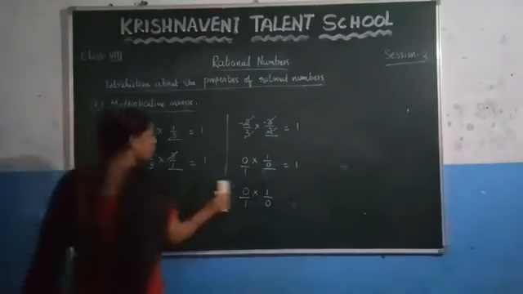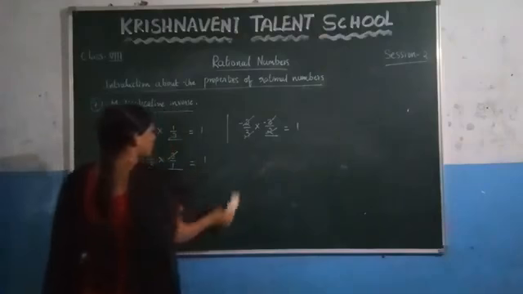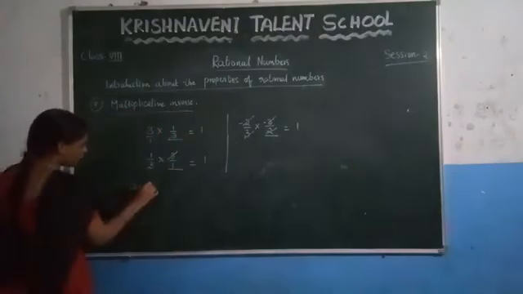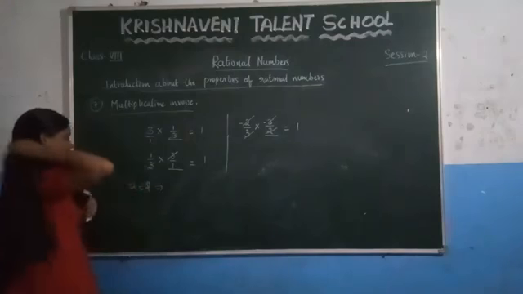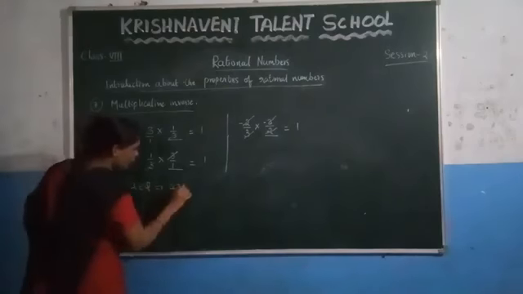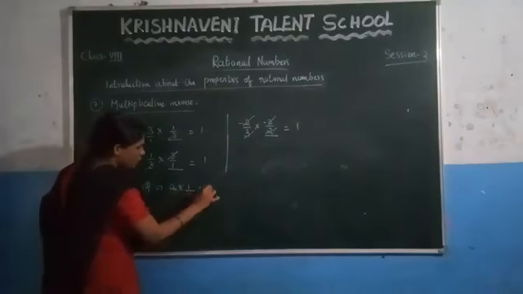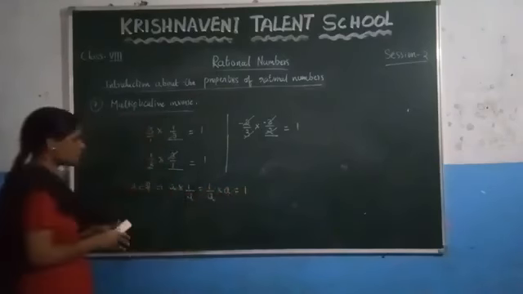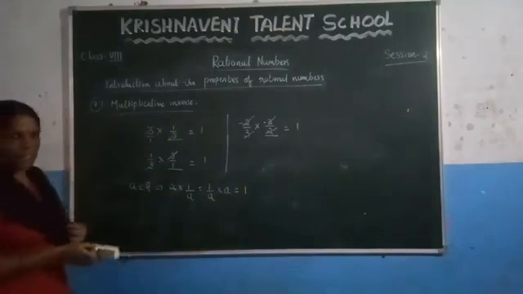Now how do you state this property? Consider a rational number A. Then this property says A into 1 by A must be equal to 1 by A into A, which is equal to 1. This property we call the multiplicative inverse.